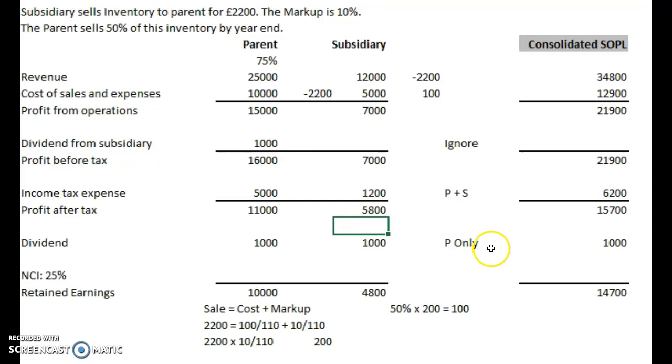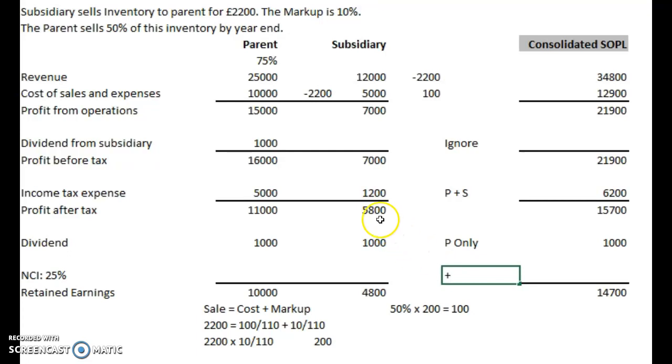Okay, looks good. So what is the amount of profit that is due to the NCI? Is it 5,800 or 25% of that? Well, it's 25% of 5,800 less the unrealized profit of 100, or their share of that unrealized profit.